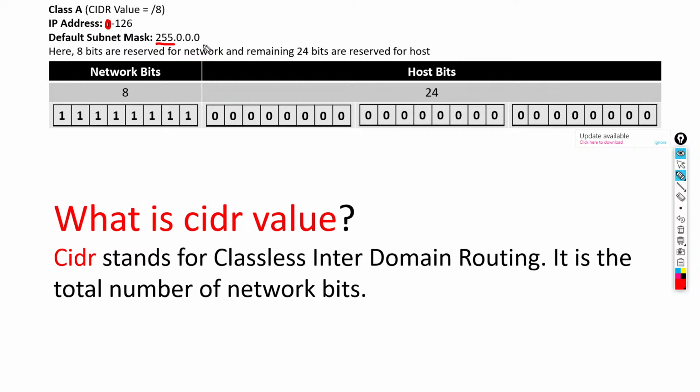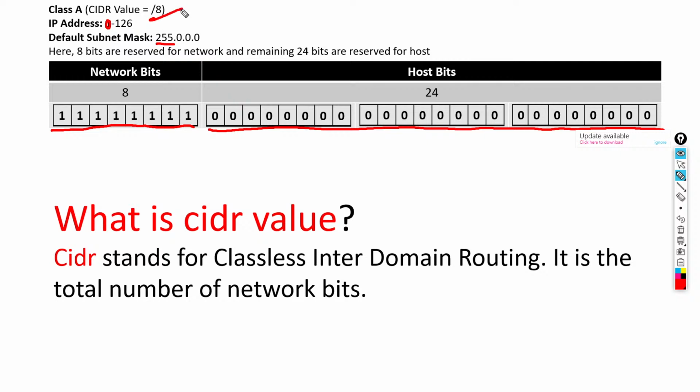In class A, the first 8 bits are reserved for the network and the remaining 24 bits are reserved for the host. Got it? Always remember this.